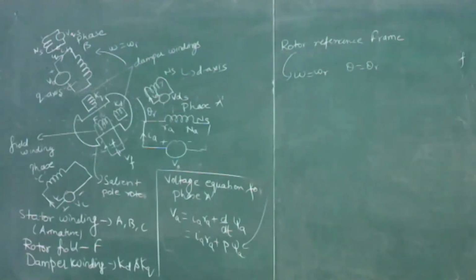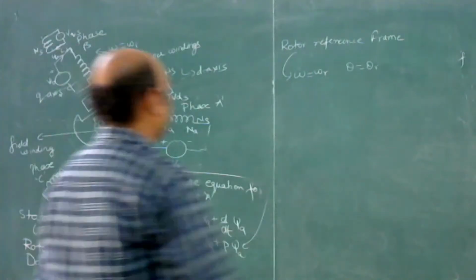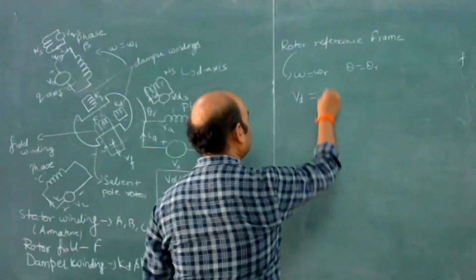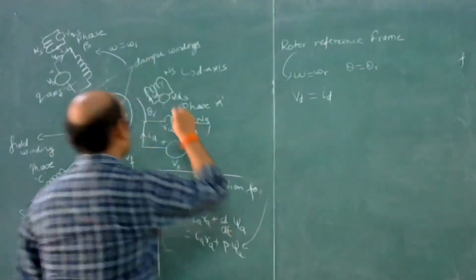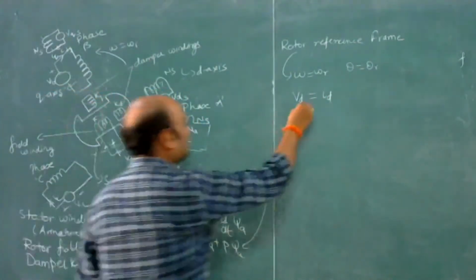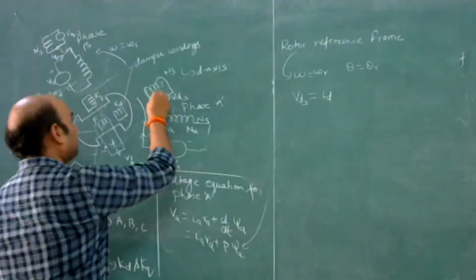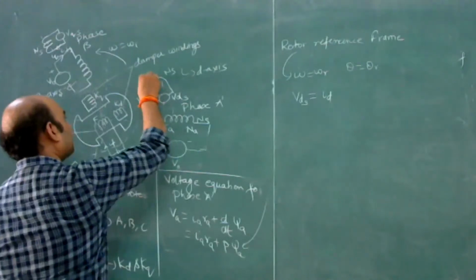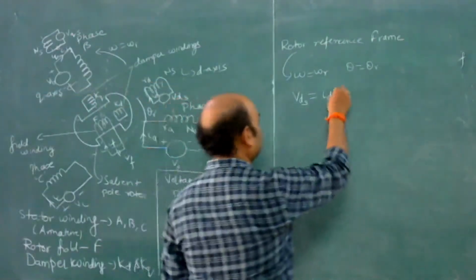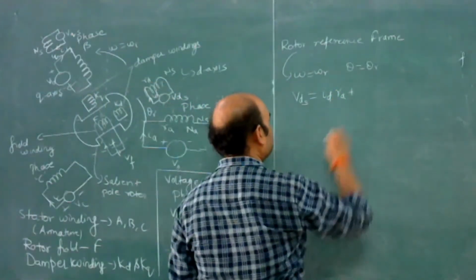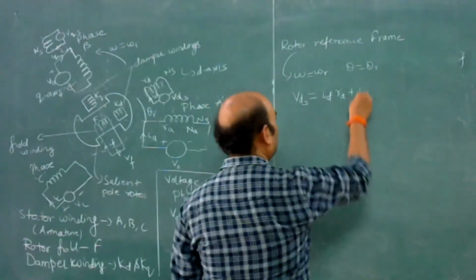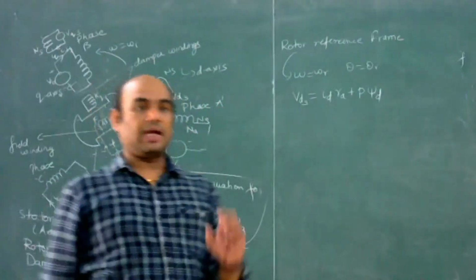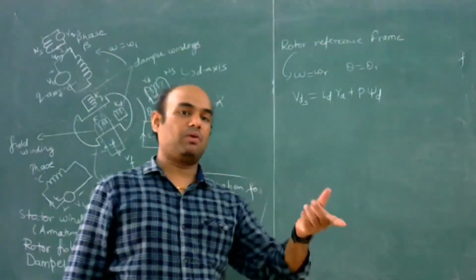So now we write VD similarly. VD is equal to ID. So this voltage is VDS, current is ID, and let resistance be RD, plus P into psi D, and we have one rotational EMF also.